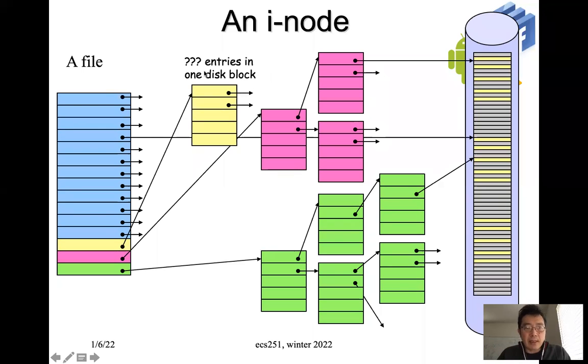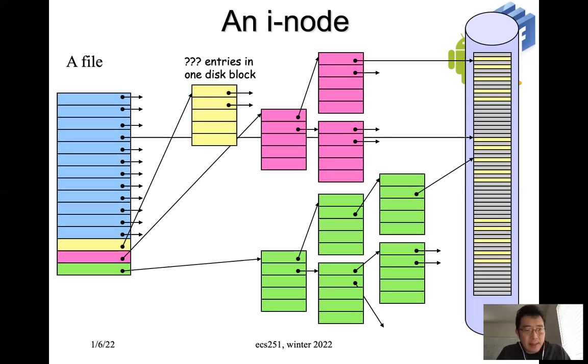So think about the disk block here; remember the assumption in this example is that one disk block is 4K bytes. If you have a pointer, meaning the address, let's assume it's a 64-bit architecture. So each of the addresses should be 64 bits.